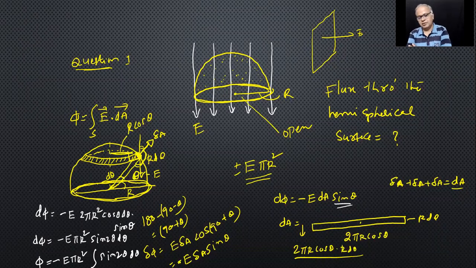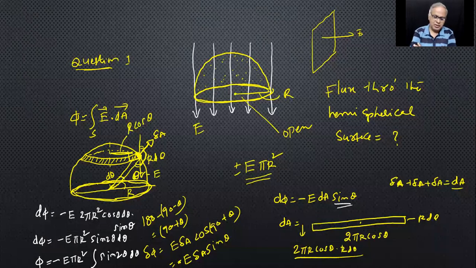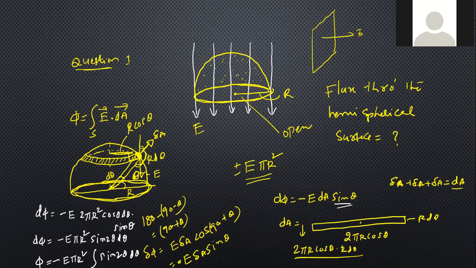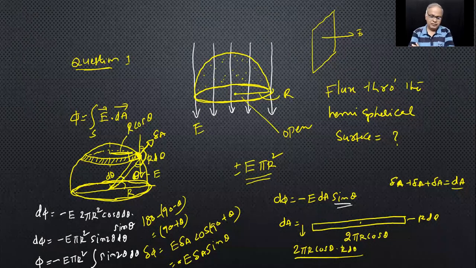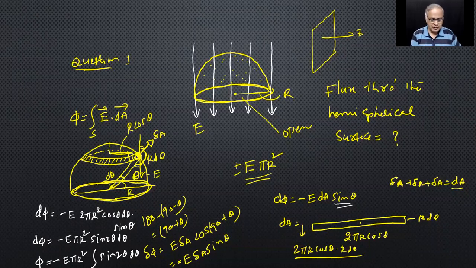Others, it's not only Sriya in the class. Vamshi, Trishul. Pi by 2. Trishul says pi by 2. Sriya says pi. So you need to decide.